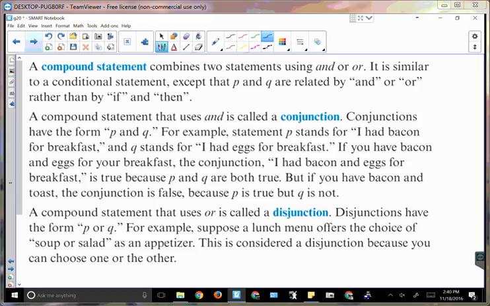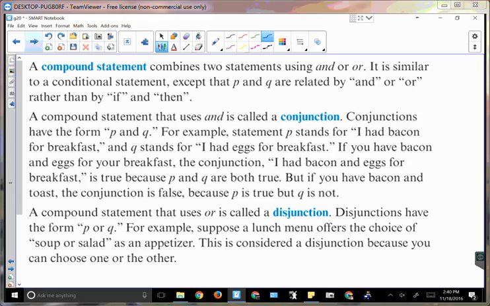Eggs and bacon. If I said I had bacon or eggs for breakfast, what did I have? I might have had bacon. I might have had eggs. I could have had both, but what if I had neither? No, I would have to have at least one of those in order for the or statement to be true.